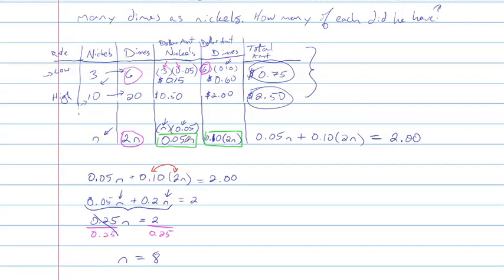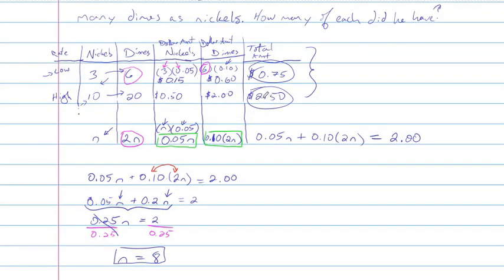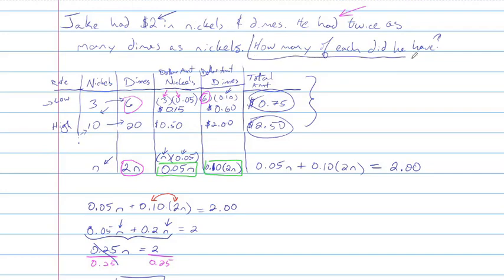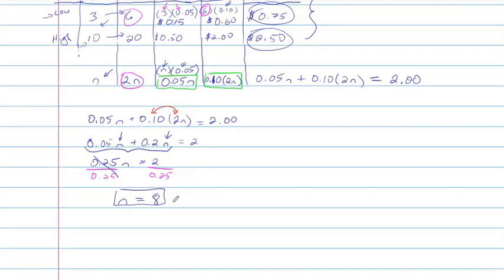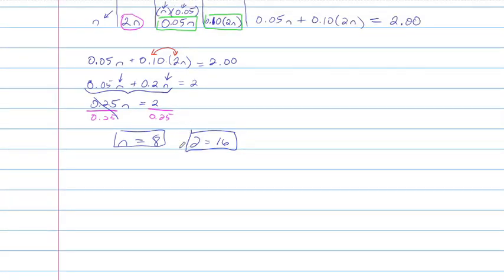Now be careful, because we have solved the equation, it is true, but we haven't answered the question. That is, how many of each did he have? We know if n is 8, we could say d equals 16, but we still haven't answered the question. We know that the variable n is 8 and the variable d is 16, although this is the first time we've seen the variable d.